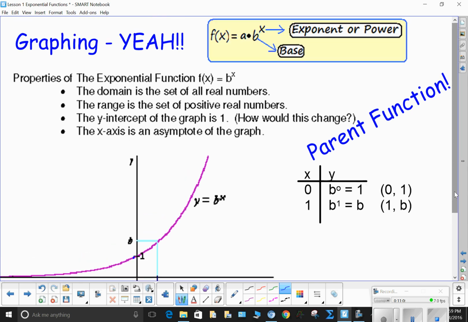Now remember, if I multiply by something, such as this a here, this a is my vertical stretch or my vertical compress of this graph.